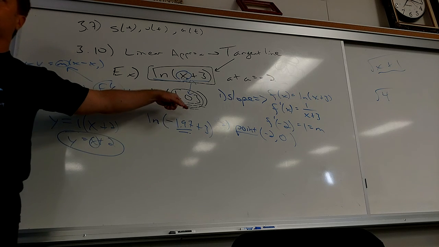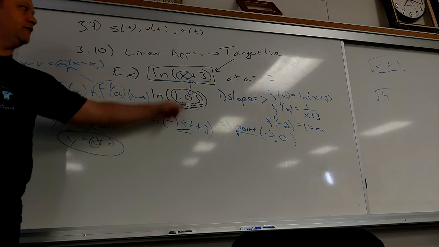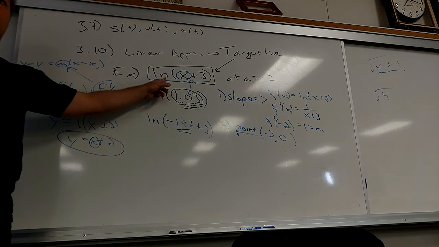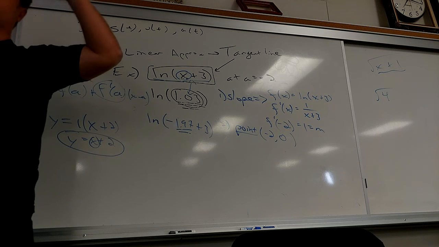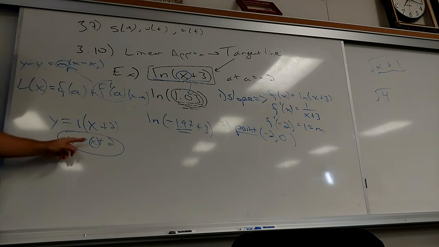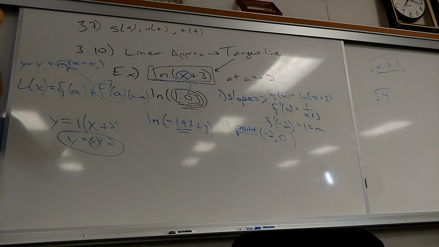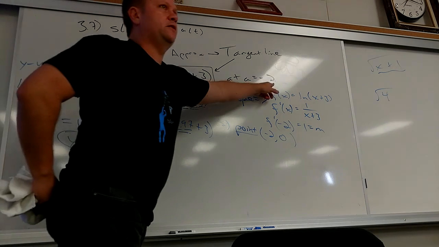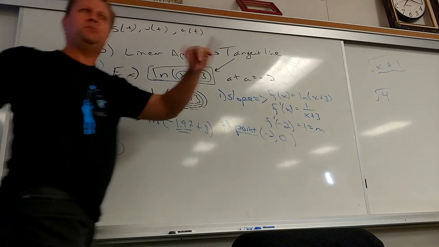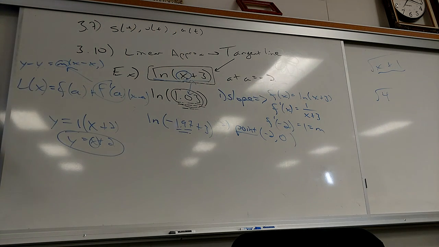So instead of putting negative 1.97 in here and having to use my calculator because I don't have natural logs memorized, I could put negative 1.97 in here. Will it be exactly right? No. Is negative 1.97 very far away from negative 2? So it should be a decent approximation, because at negative 2 it's perfect.